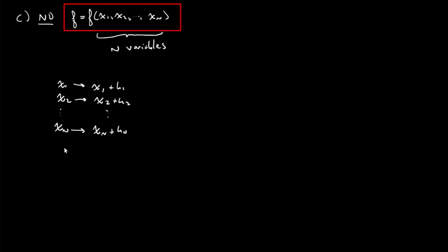And as a consequence, we expect f of x1, x2, and xn to become f of x1, x2, all the way up to xn plus delta f.